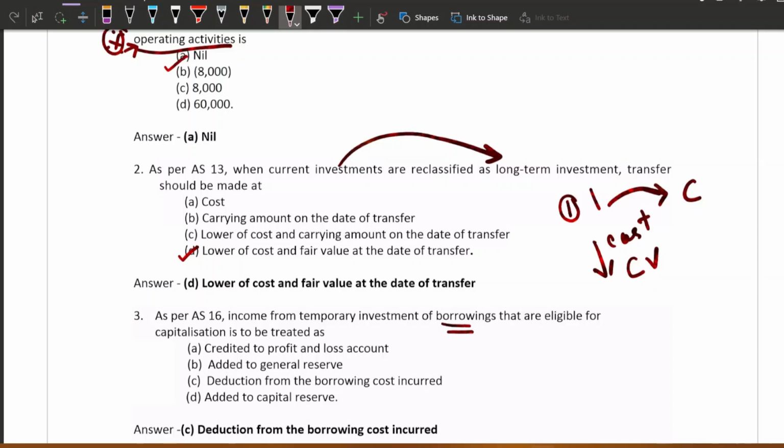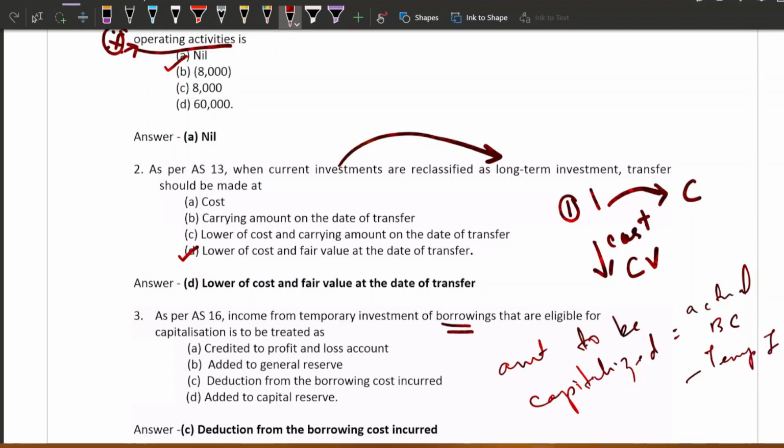We learned that the amount to be capitalized will be equal to the actual borrowing cost minus any income on temporary investment of the borrowed funds. For example, the excess money you could have invested in an FD or something which will give an interest gain, that you have to deduct from the borrowing cost. So C is the right answer.